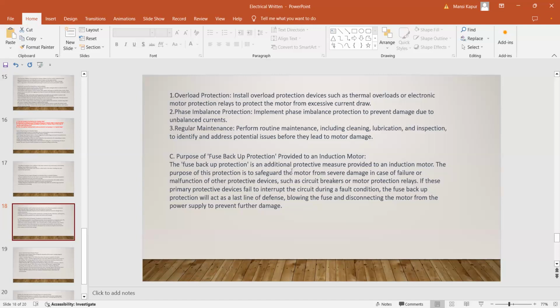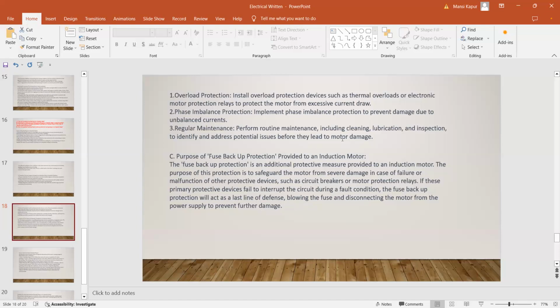So what they are saying is failure or malfunction of other protective devices such as circuit breaker, motor protection relay. If this primary protective device fails to interrupt the circuit during a fault condition, the fuse backup protection will act as a last line of defense. So our fuse is the last line of defense, blowing the fuse and disconnecting the motor from the power supply.